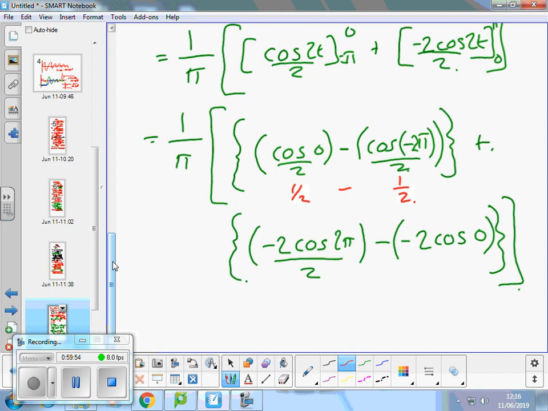And this, minus 2 cos 2 pi over 2, I've got minus 1 for that. And we're minus, and that's minus 1. So overall, those 2 equal 0, and those 2 equal 0.